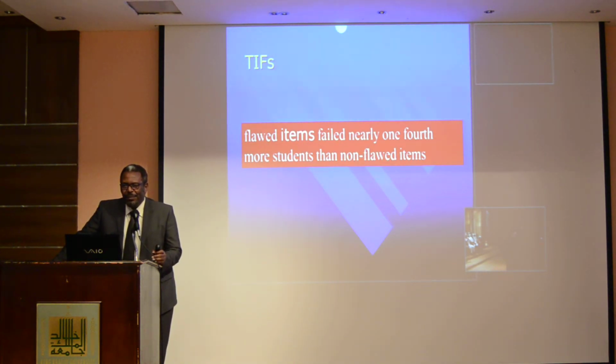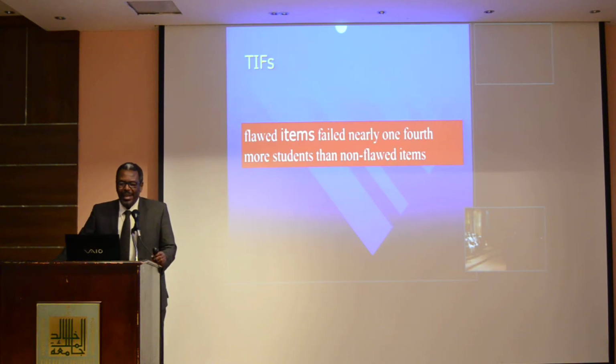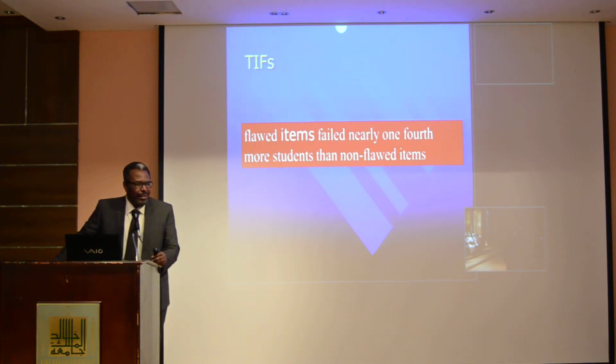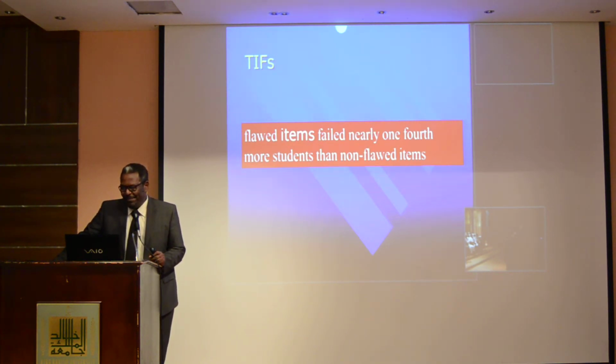Flawed items were found to be failing one quarter more of students than non-flawed items. That means if you have, say, 100 students in your class, and for that class you have 25 failures, suppose, or let it be 28 for the calculation.